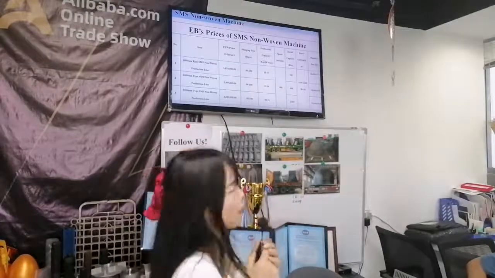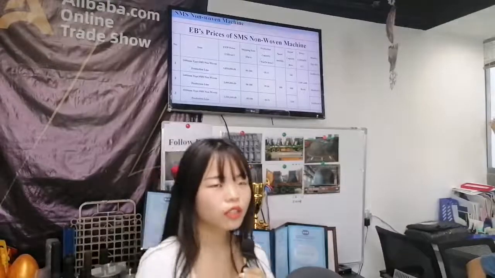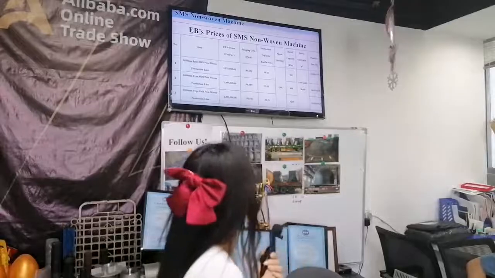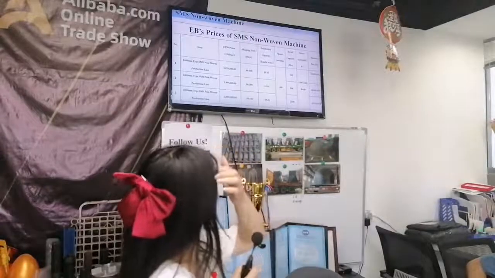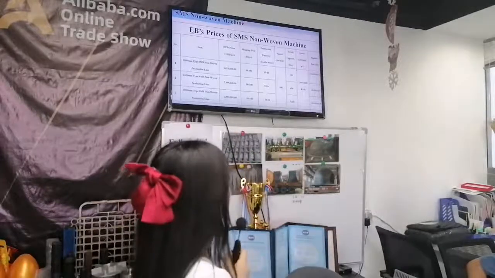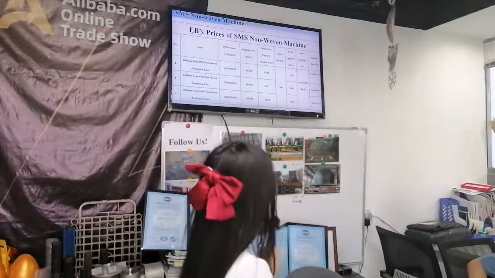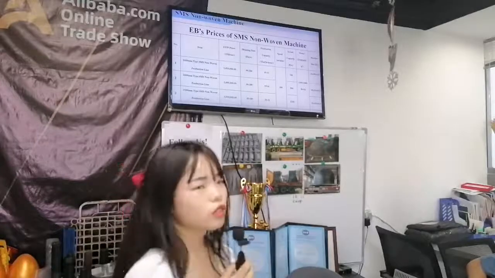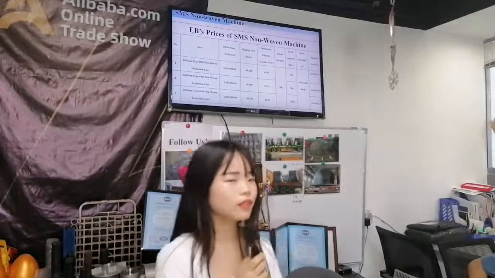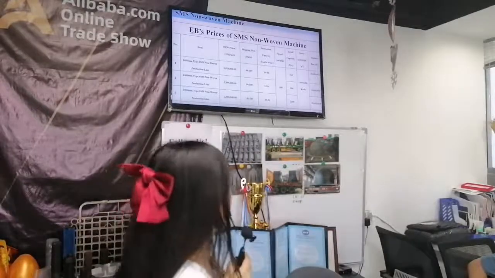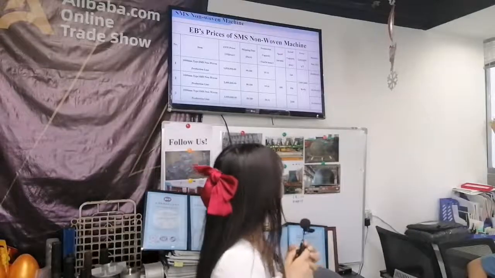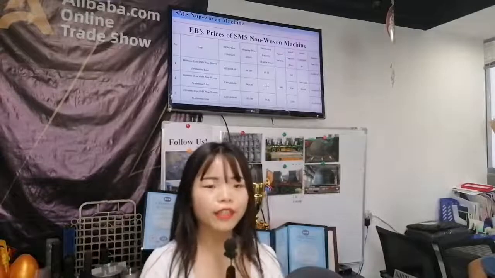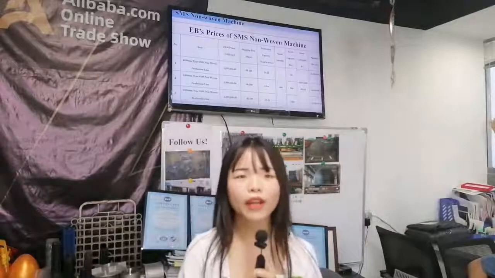Production capacity is 10 to 11 per hour. Install capacity is 716. Machine size is 15 and 13 and 10.5.